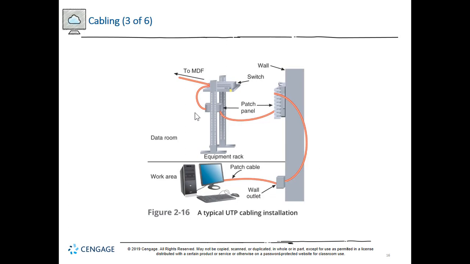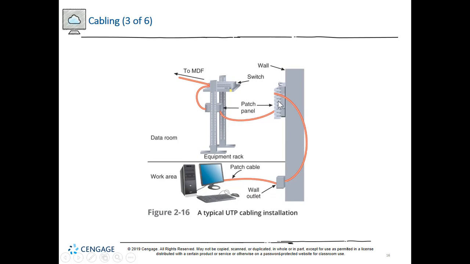So here we're looking at what they're saying is our more common UTP cabling installation, where they're taking it from the wall outlet here into a patch panel, and then a cross connect coming over to the patch panel to handle into our switches.